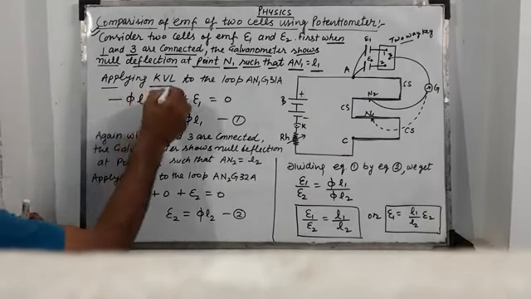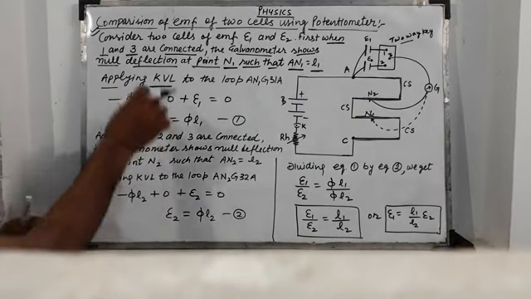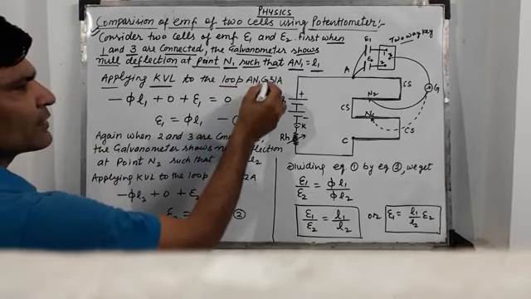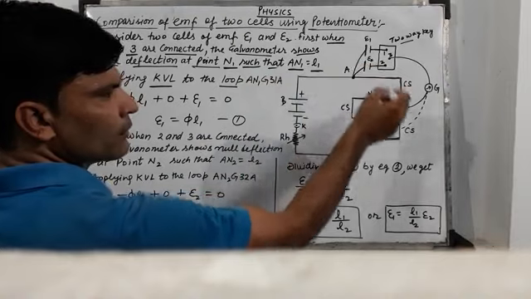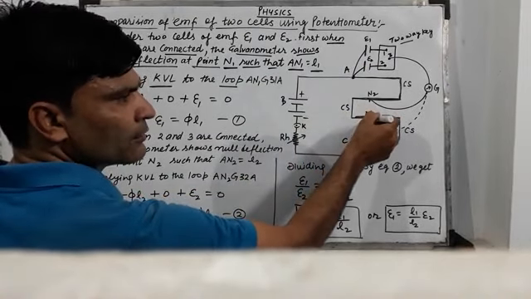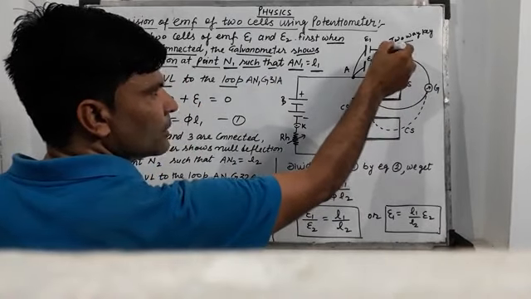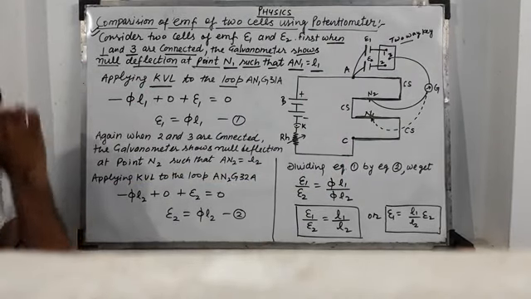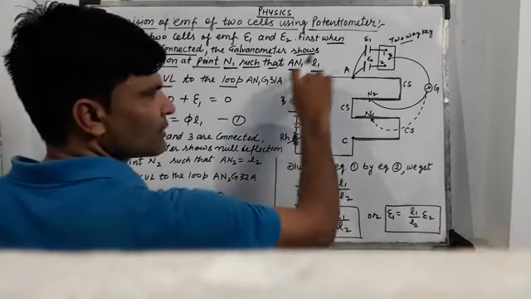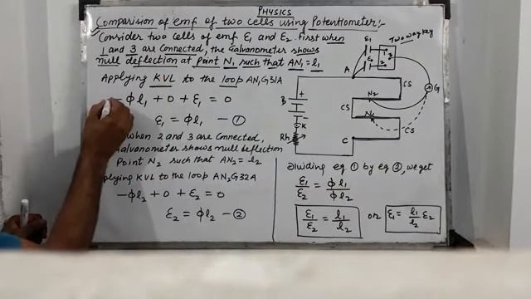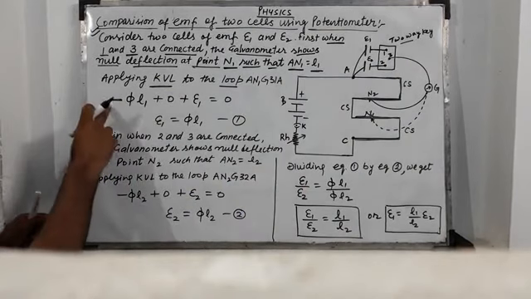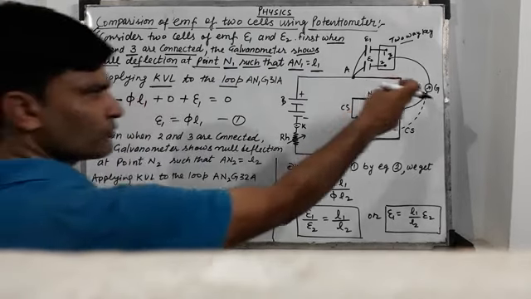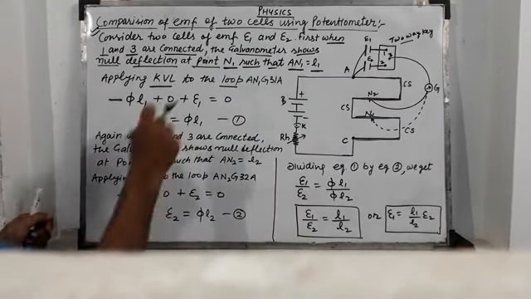Applying KVL, Kirchhoff voltage law, also known as Kirchhoff loop rule, to the loop A-N1-G-3-1-A, we get, because the current is in the same direction, a negative sign: minus phi L1, which works as potential, plus 0 because we get null deflection, plus E1.